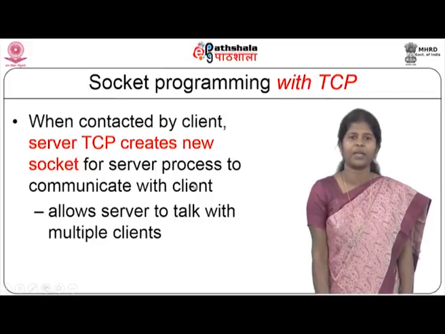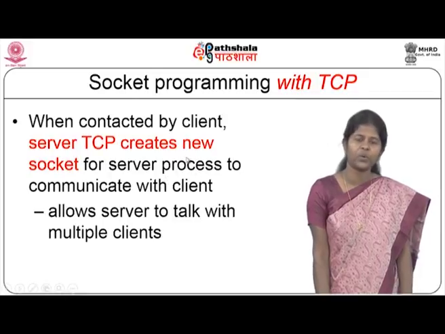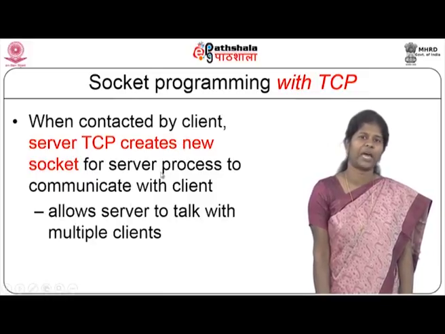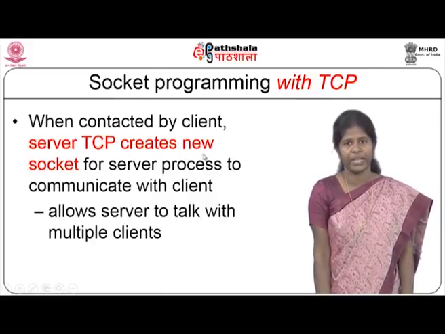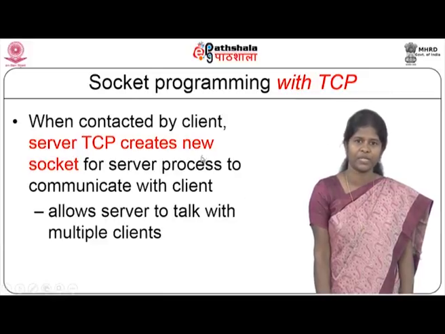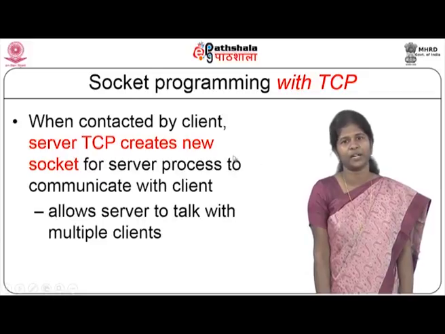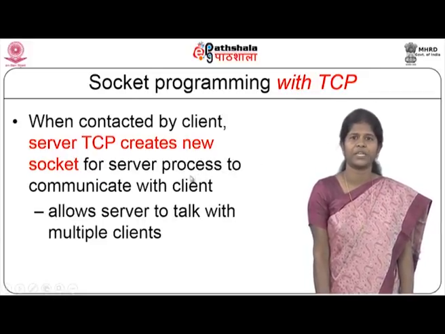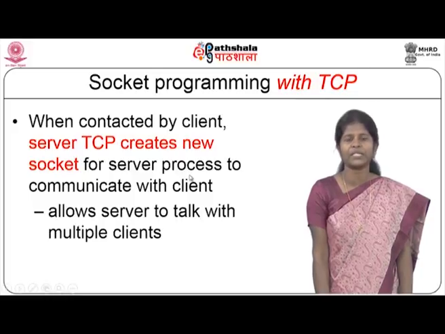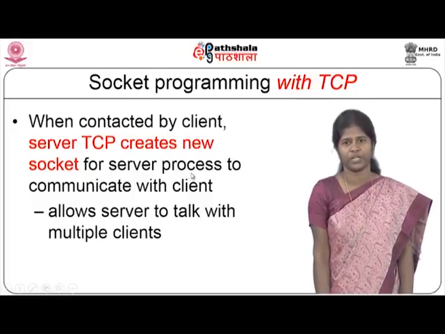So, whenever a request comes from a client, the server will create another new small server process which will take care of the communication with that particular client. And when the next client requests service, the server will create another process which will service the new client, and so on. So, this helps the server to service multiple clients at a particular time.